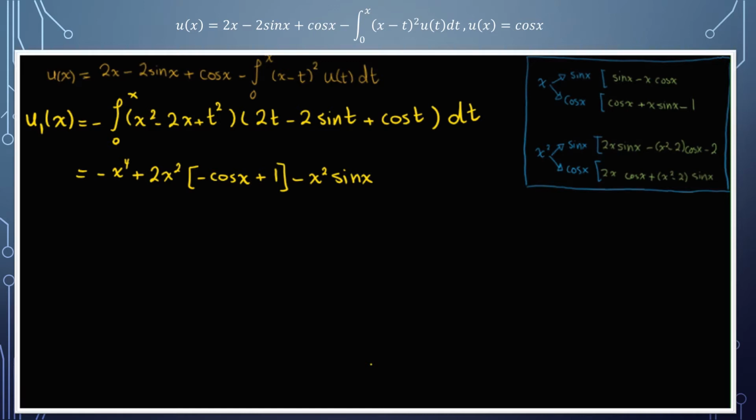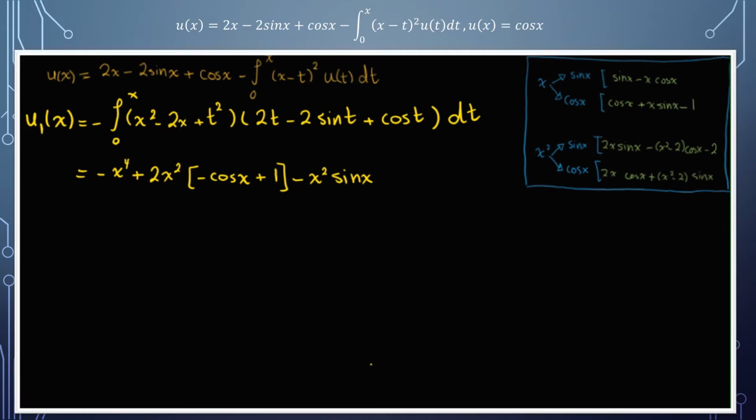Okay, the second term we have minus 2x. Again, it's a constant, it will not affect the integrations. Wait, this is not minus 2x, no, it is right.